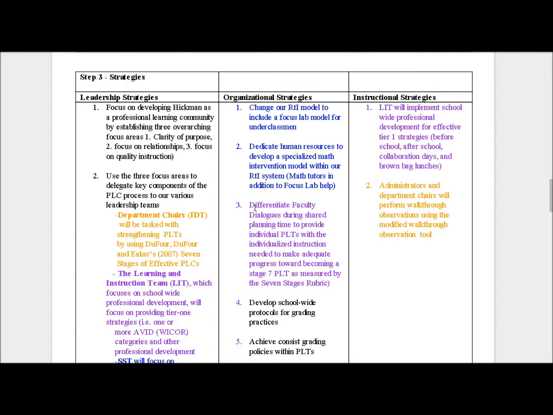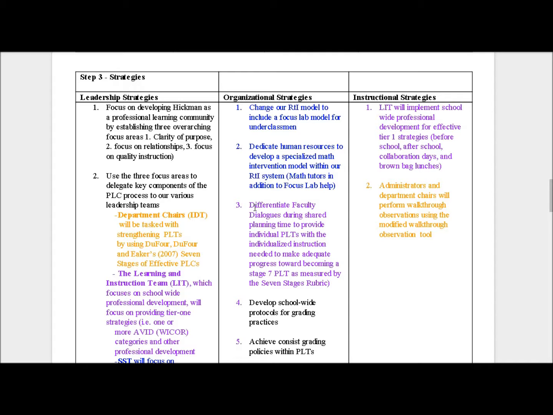So within those 3 focus areas, we want to delegate key components to our leadership teams to oversee. So we have our department chairs, our learning and instruction team, our student support team, and our TIDE team. The department chairs are being tasked with strengthening PLTs by using research from our 7 stages of effective PLCs.